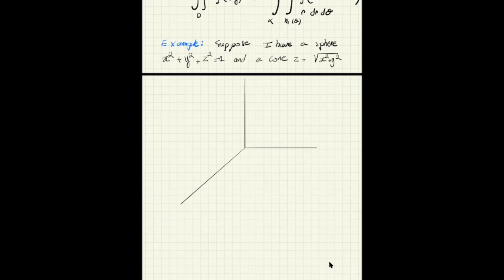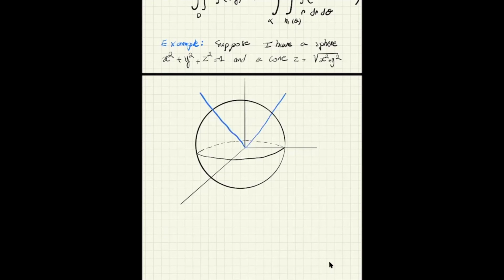And we would like to find the solid between them. So the sphere will look like this. That's the sphere. And then the cone will be given by something that looks like this.